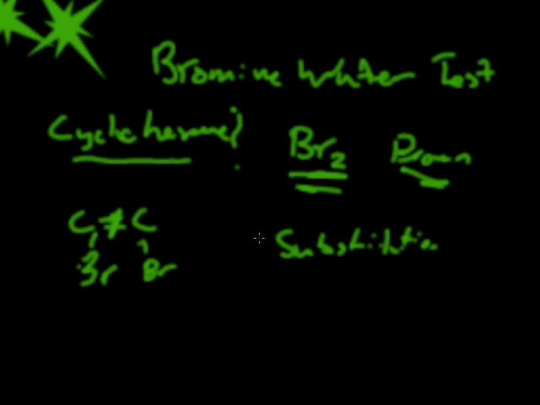But if you wait a while and it starts to take the color away very slowly in the presence of UV light, then you can say it must be an alkane, because it didn't undergo the addition reaction, but it is undergoing a substitution reaction. So that's the bromine water test, and that ties together the concept of substitution and addition reactions.